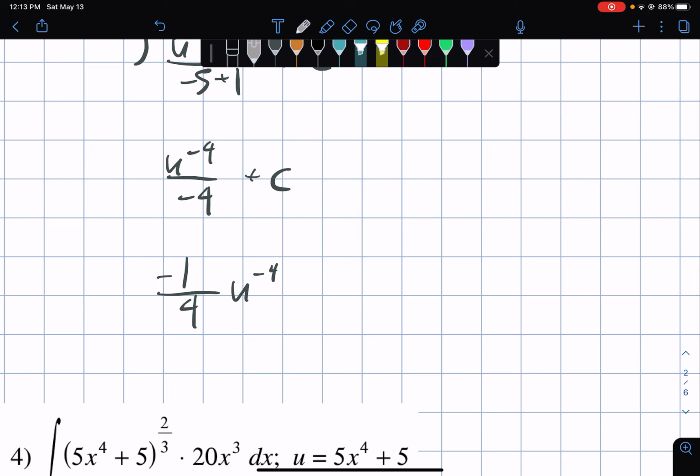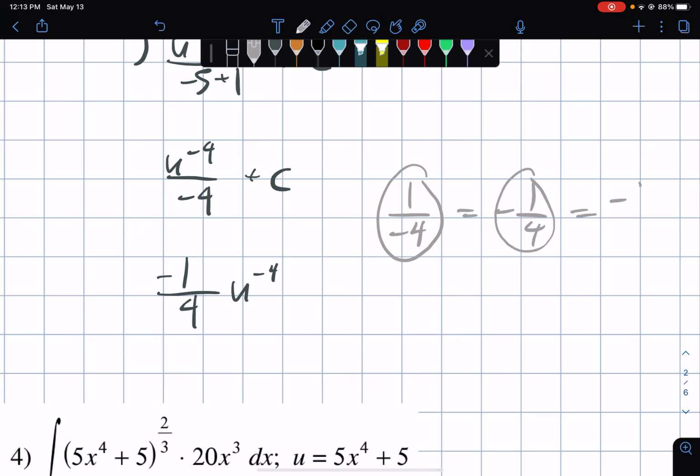Please note that you can write negative 1 over 4 like this, or like this. The location of the negative sign doesn't really matter, but according to another teacher that I've met, this is the most handsome among everything else.